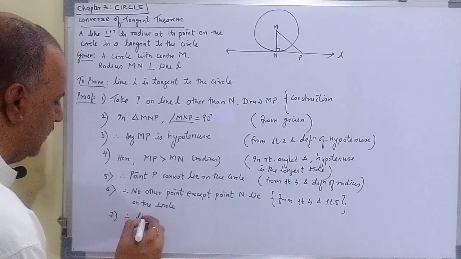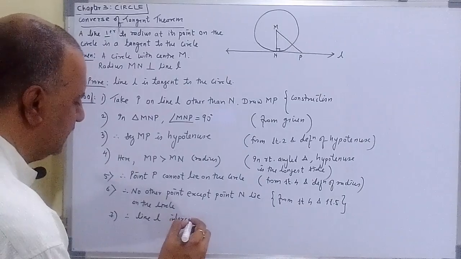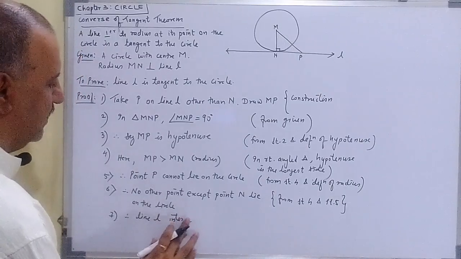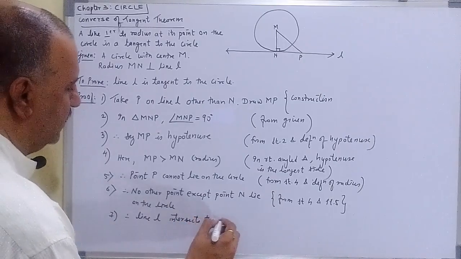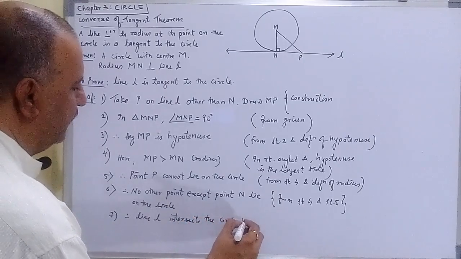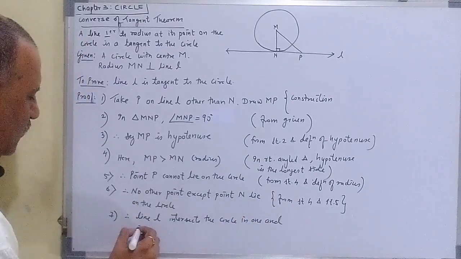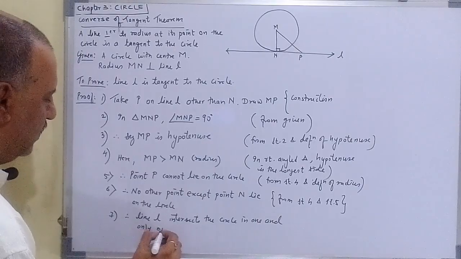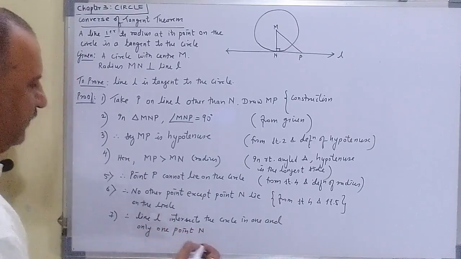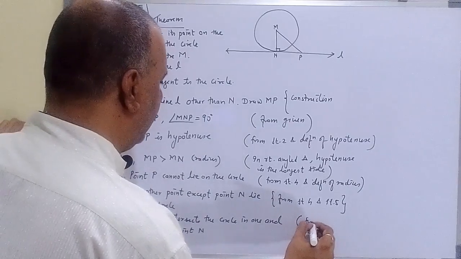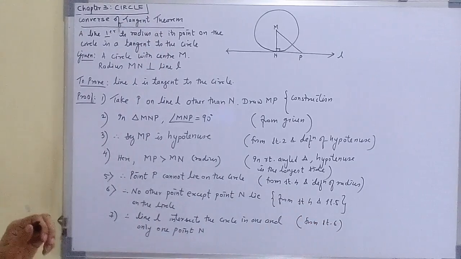Therefore, line L intersects the circle in one and only one point N, from statement number 6.